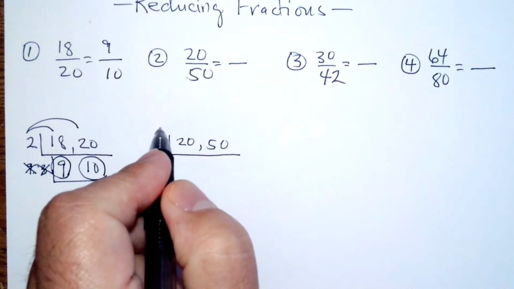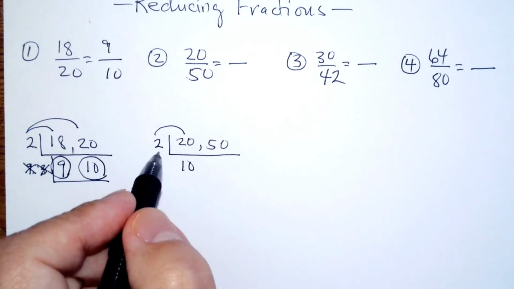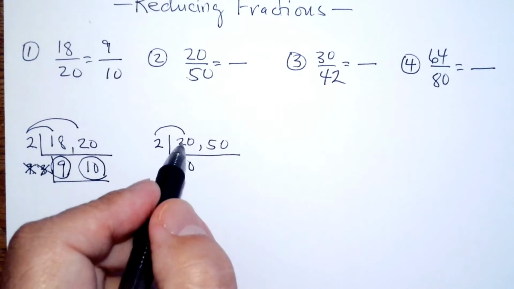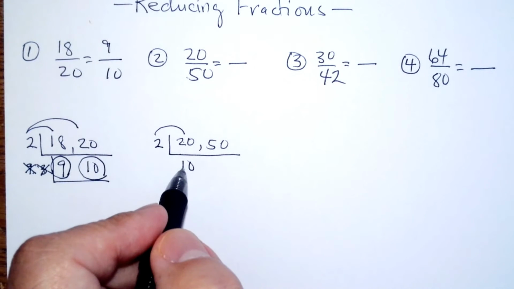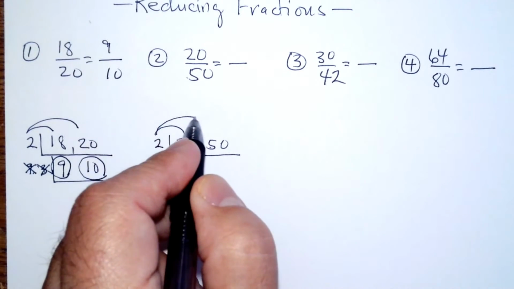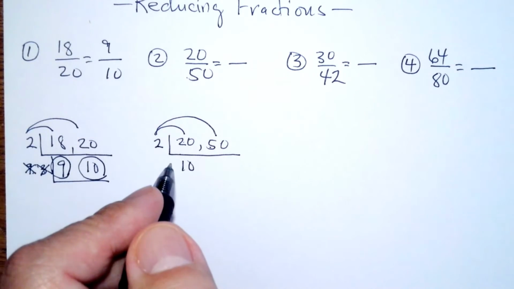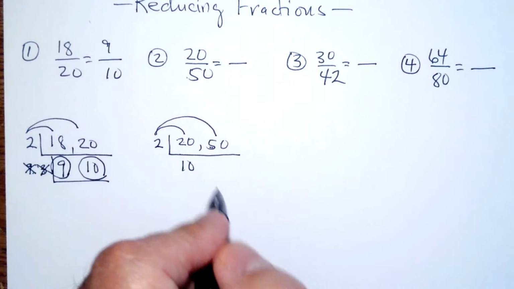Does 2 go into 20? Yes, 10 times. Can I check that? 2 times 10 is 20. 20 divided by 2 is 10. What about 50? Will 2 go into 50? If a calculator, take 50 divided by 2, and what do you get?